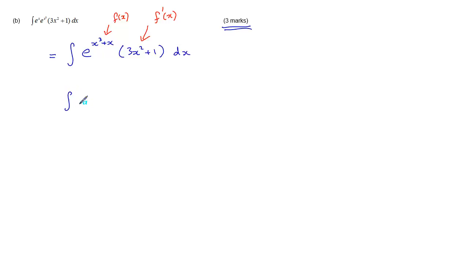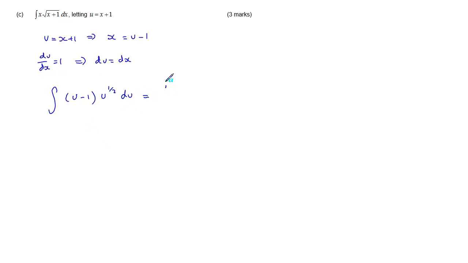Now the integral of f dashed x e to the f of x is always just e to the f of x plus a constant. So our integral is going to be e to the x cubed plus x plus a constant.